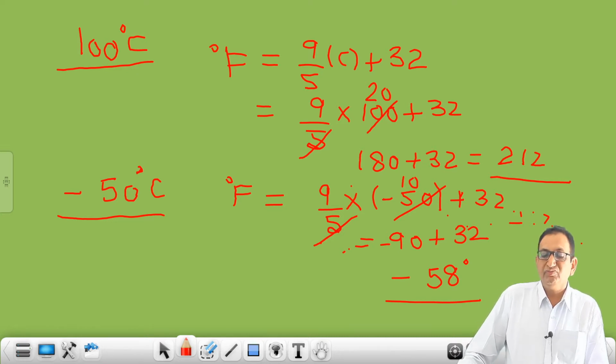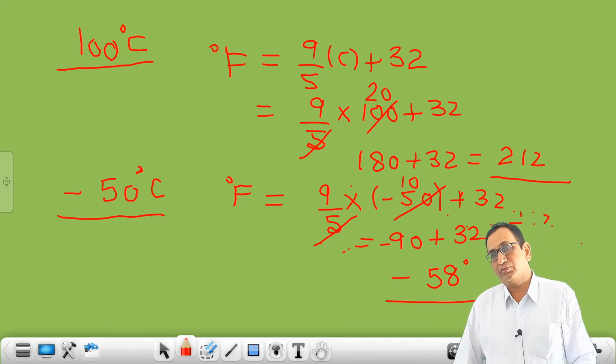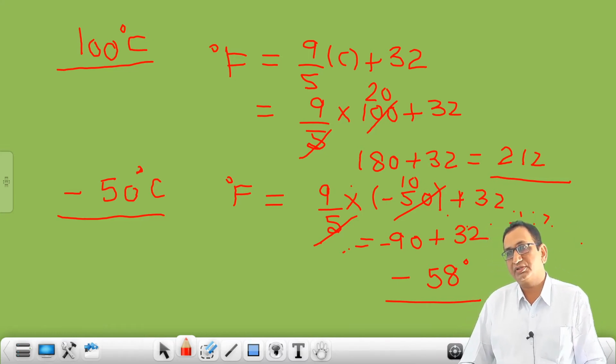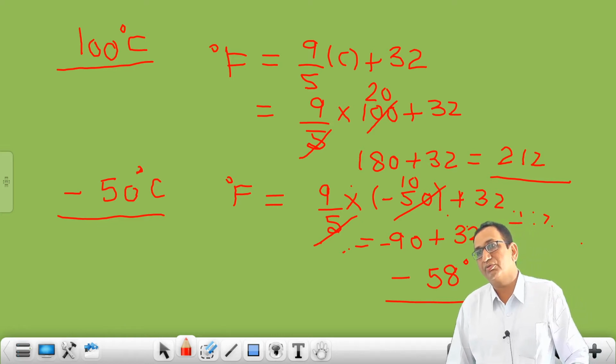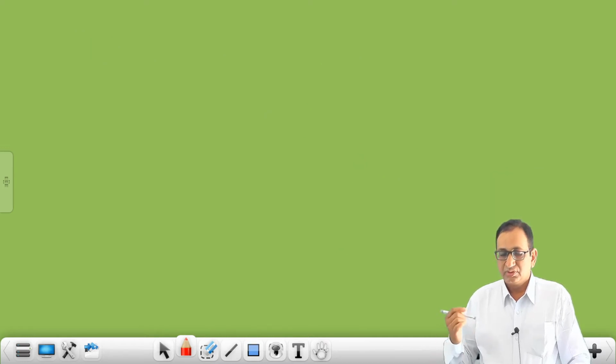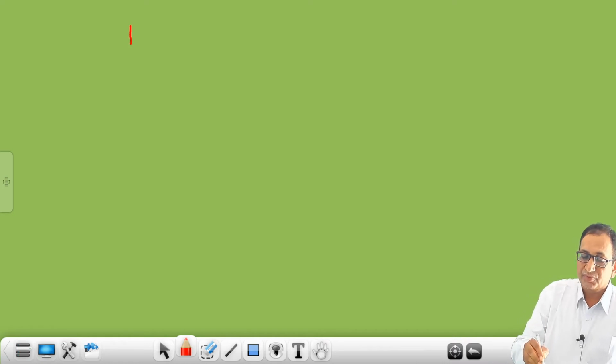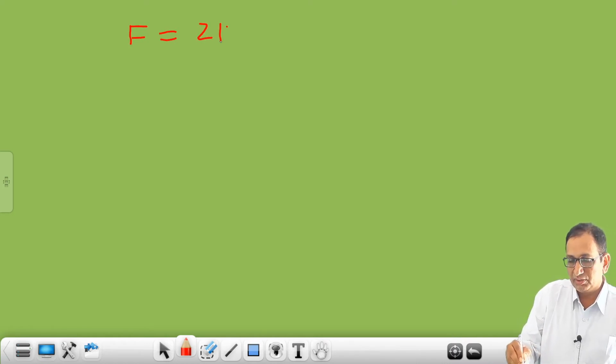And now, students, if you are given in Fahrenheit scale and you want to calculate in degree Celsius, then how can you calculate? This is very important. Okay, students. So now let us see. Suppose that you are given Fahrenheit scale as 212 degree.